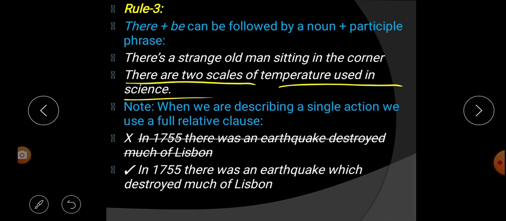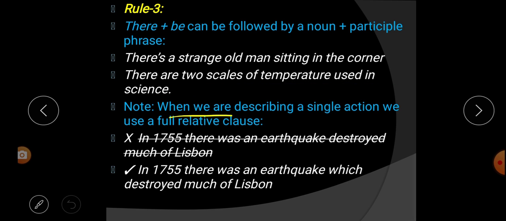This is introductory there plus the be form are, thereafter two scales of temperature used in science. That is a noun plus participle phrase. Note, when we are describing a single action, we use a full relative clause. Listen carefully. When we are describing a single action, then what do we use?